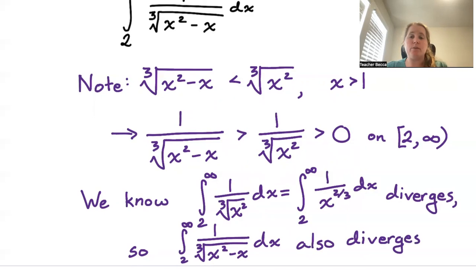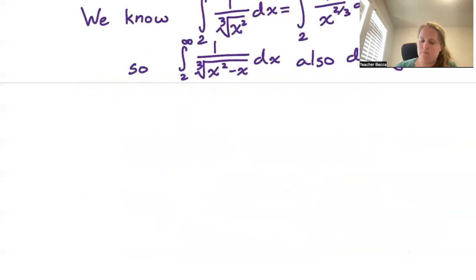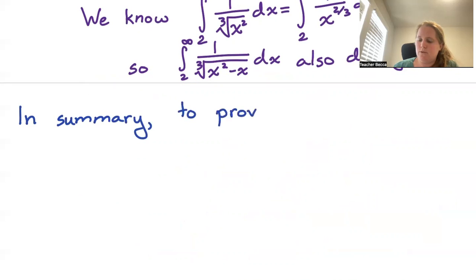So this is a useful trick we can use for comparing two integrals. Again, if we want to prove divergence, we have to find a function beneath it that also diverges. If we want to prove convergence, we have to find a function above it that converges. In summary, to prove convergence, find a function above that converges.